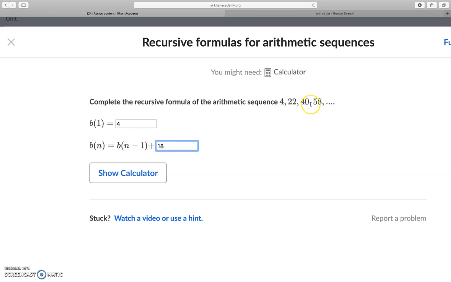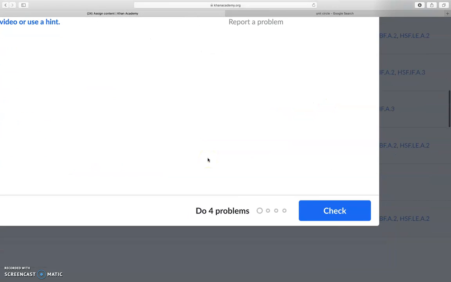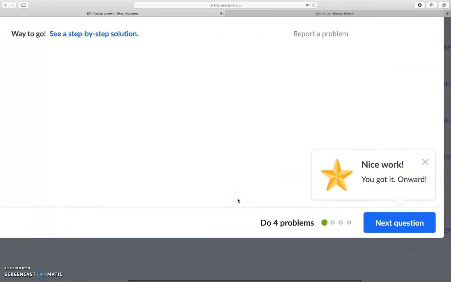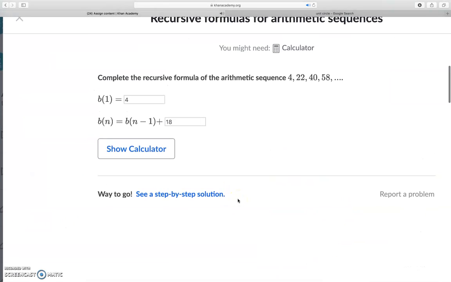The pattern here is we're increasing by 18. So in short, we're just putting in the first term here, which is 4, and down here we're putting in how much this is changing by, and this is increasing by 18. And that's it. This assignment isn't very difficult.